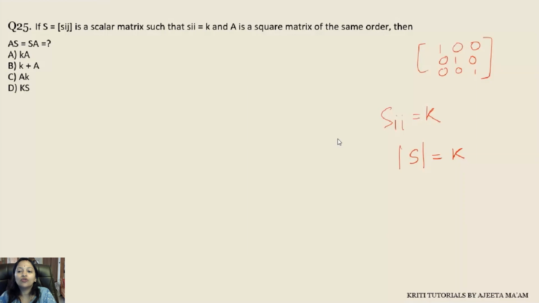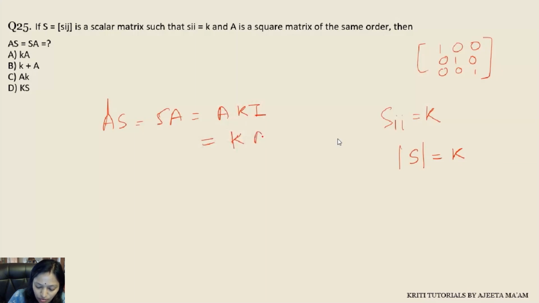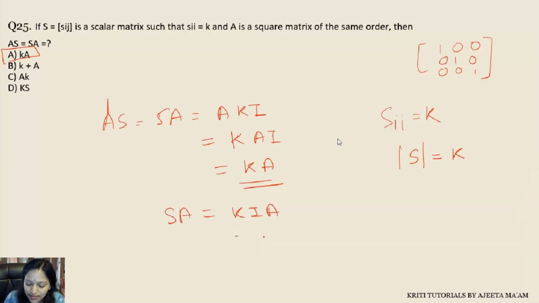Now AS is equal to SA. So S is basically a scalar matrix. That scalar can be 1 or anything. So what will be the answer? Now you tell me. S we can write as K times I. Now what do you get? You can take the constant out, K times A I, and A I is A. So this is what we have. Most of the questions here are based on properties, and this is how you get them in an exam also.